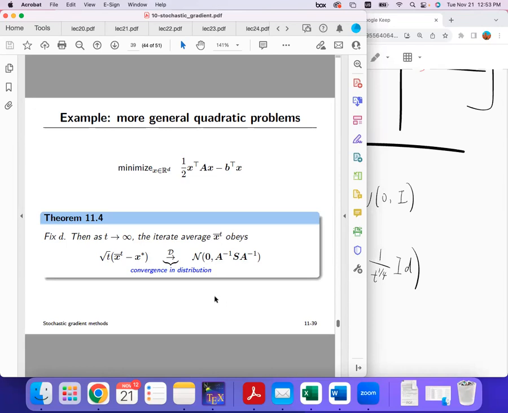And again, you can see that as t goes to infinity, you can divide both sides by square root of t. So intuitively, this one will be weighted by 1 over square root of t, and eventually the covariance will be very, very small. It will decay by this t.